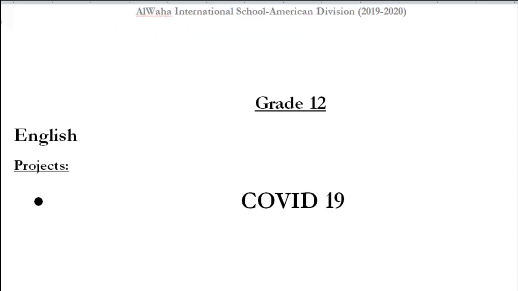As for grade 12, it's only COVID-19. I know that you have made a presentation regarding bullying, so you'll be making the same right now. But right now, about the new circumstances we have around the world, so I know when I say grade 12, it will be coming from another point of view.